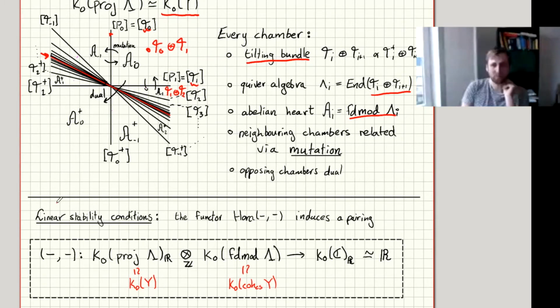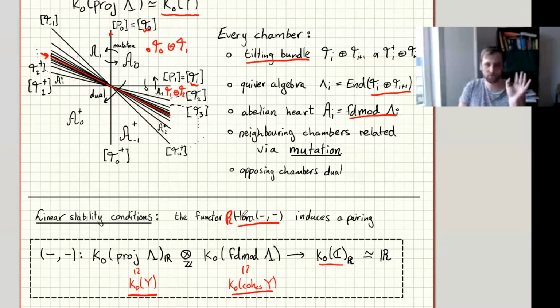But more specifically, we'll take a pairing between our classes in this wall-and-chamber structure and the classes of our modules. So we have the K-theory and the algebraic K-theory of the compactly supported objects, and we pair these into the K-theory of C using the Hom functor.